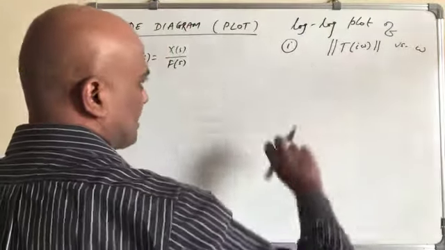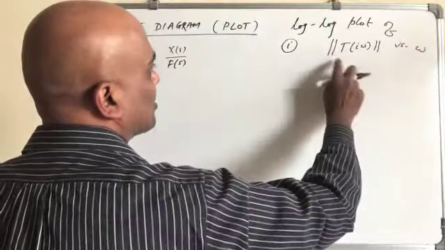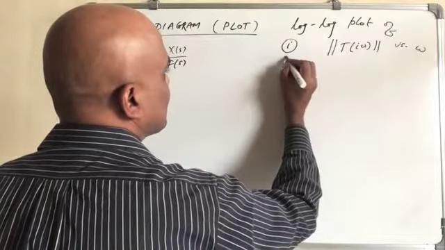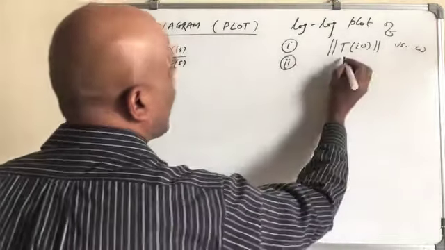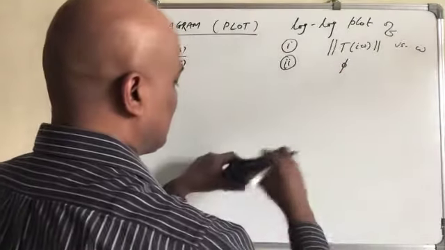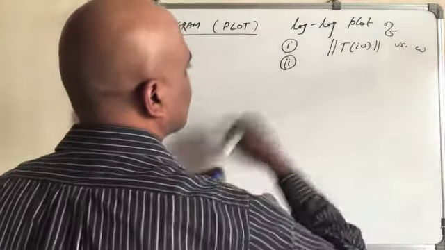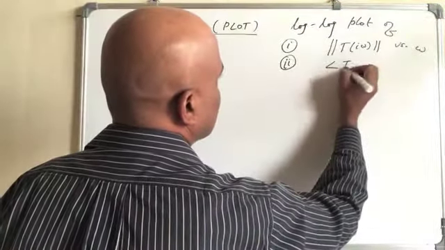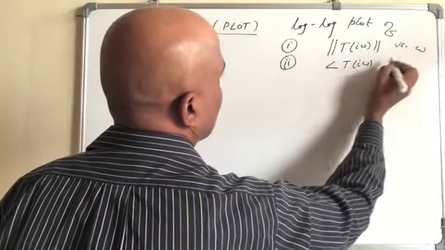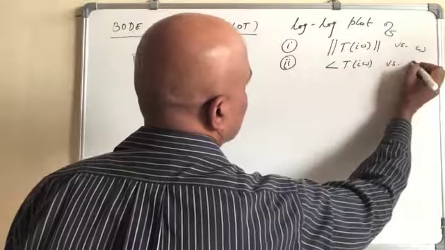So details we will find out. Log plot of this, and second will be the phi, or simply the angle of T(iω) versus omega.